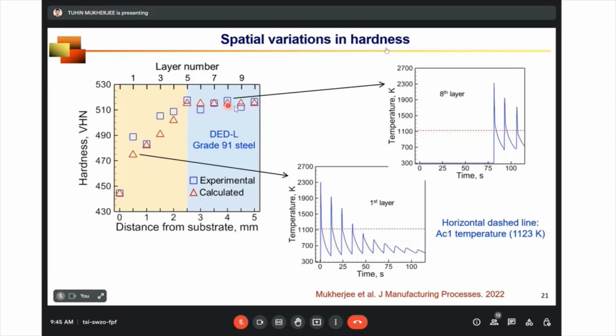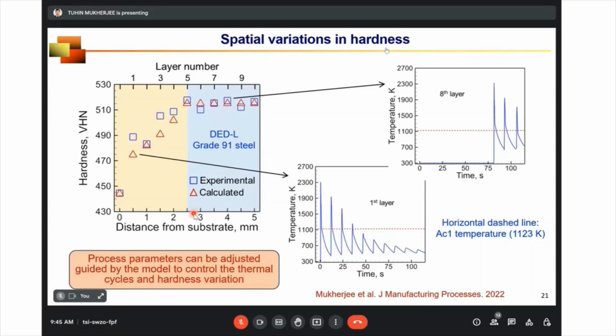And that's why it's not varying that much. So two regions, and we can fully explain the hardness of these two regions depending on the calculated thermal cycle and tempering kinetics. And the most important thing is we can adjust the process parameter guided by this type of model to control the hardness variation.